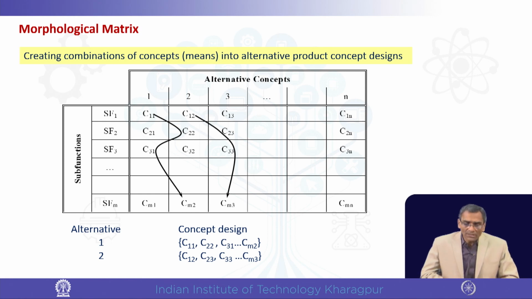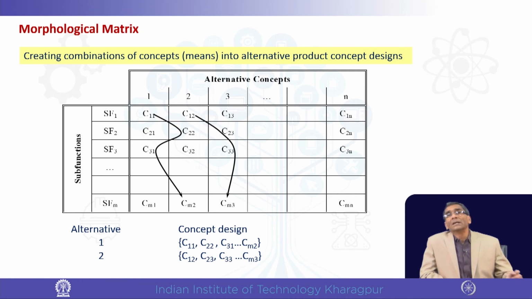So, that is one alternative. Here you can say alternative 1 is C11, C22, C31 dot dot dot Cm2. Similarly, the other alternative is 2, which you can see from the matrix, it is C12, C23, C33 and Cm3. This is the approach.